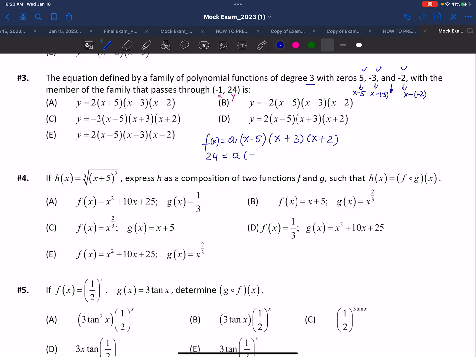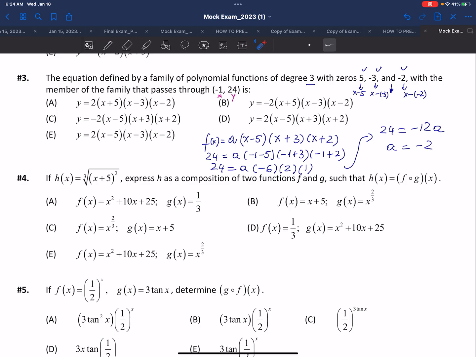X is negative 1, so negative 1 minus 5, negative 1 plus 3, and then negative 1 plus 2. So 24 equals a. We have negative 6 times positive 2 times positive 1. So 24 equals negative 12a, which means that a must be negative 2.